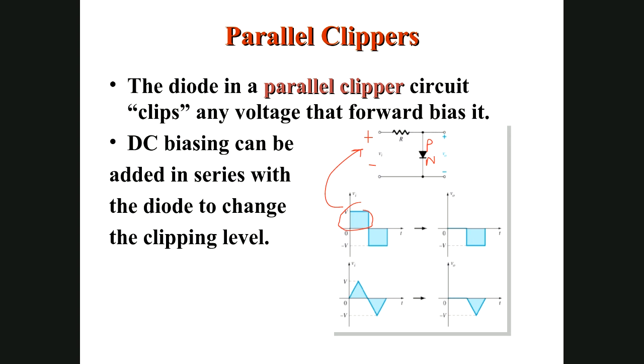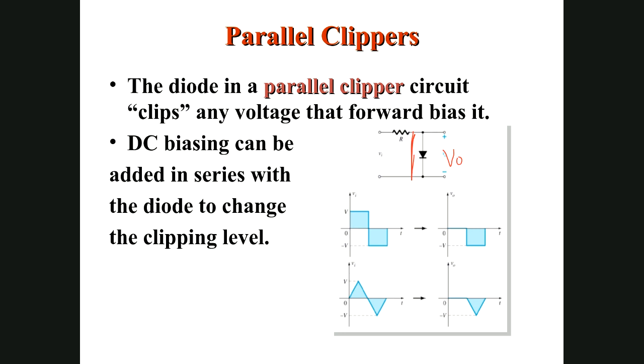You know why? Because you know the condition, when P side is getting positive voltage and N side is getting negative voltage, it means your diode is forward bias. It means in this circuit, for positive half, your diode will be forward bias, and if it is forward bias, means your diode is short. And you know what do you mean by short? Forward bias means short, and short means like a line with zero voltage, or you can say your voltage will be zero.